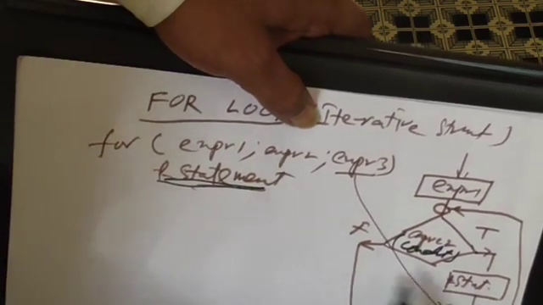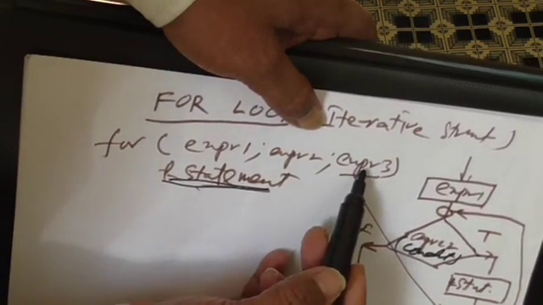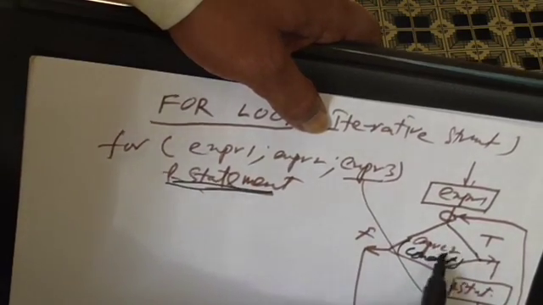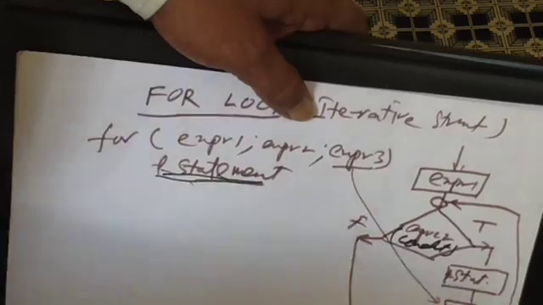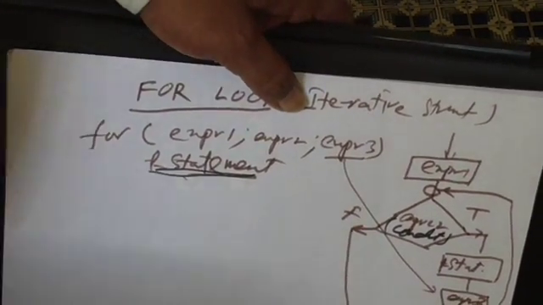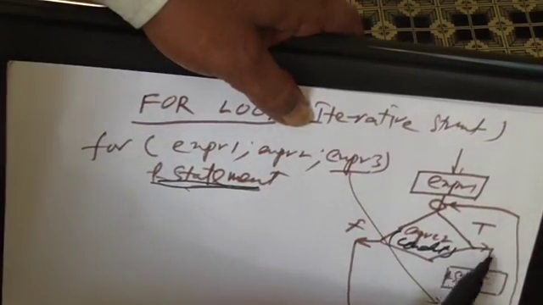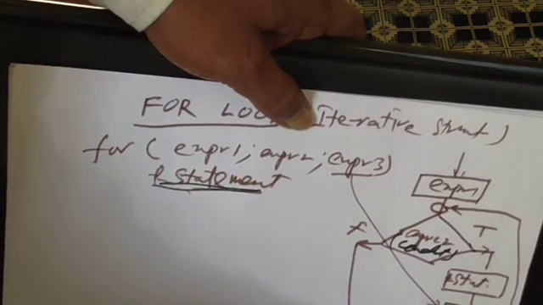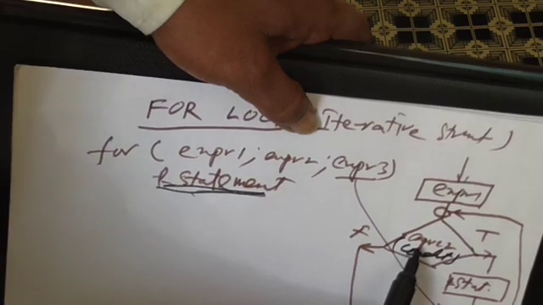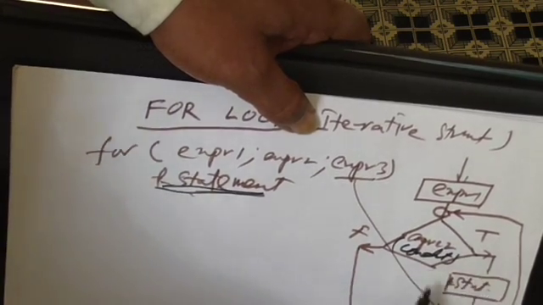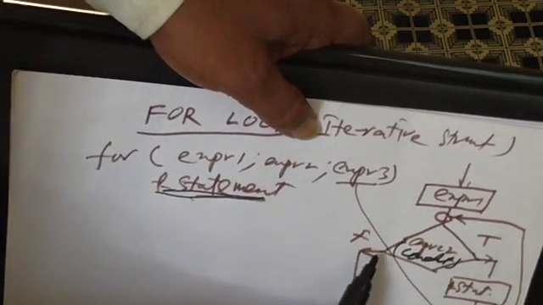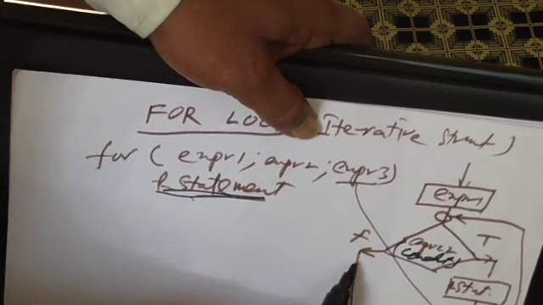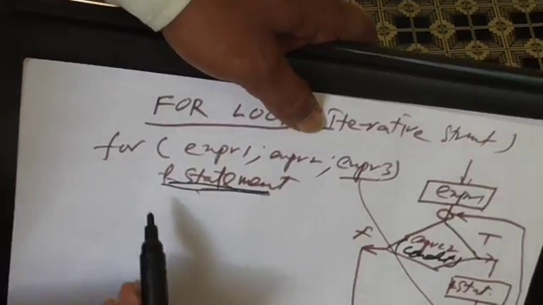After this statement, expression 3 is evaluated. Then again the expression 2, or let us say condition, is checked. If the condition is true, again this statement will be executed, expression 3 will be executed, and this process will continue as long as the condition is true. When the condition becomes false, or say expression 2 becomes false, it will go to the next statement.